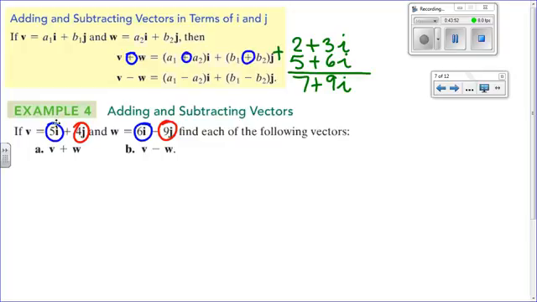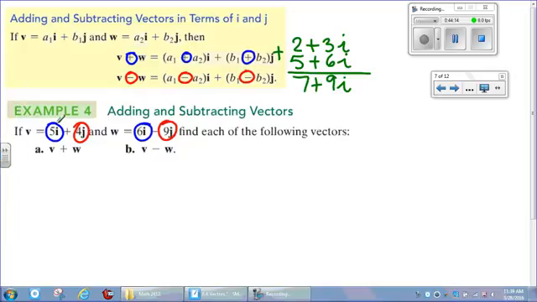And if you are subtracting, then you subtract the horizontal components, you subtract the vertical components. All right? I don't really have an issue, like however you want to write it. Personally, I like to just do it like if I was combining like terms. Are you guys okay with that? Let me show you.